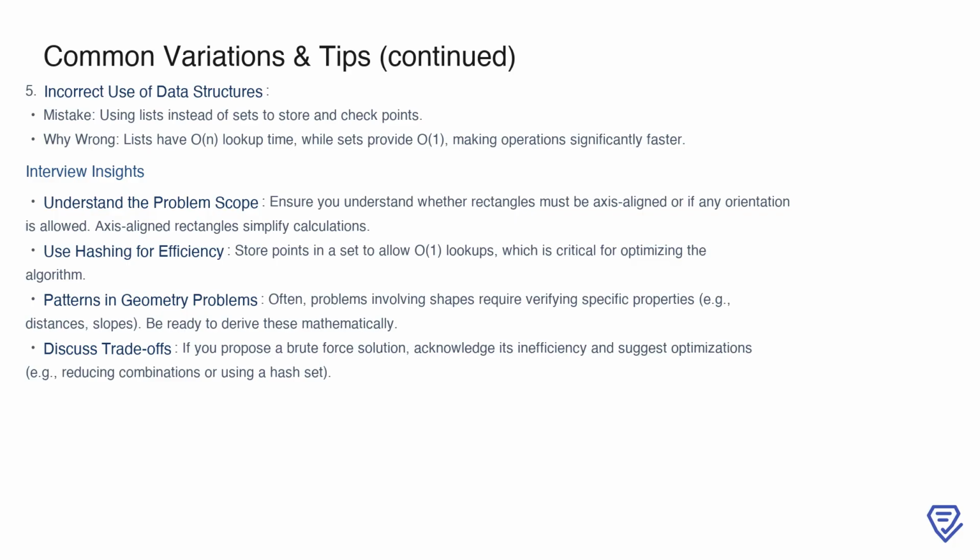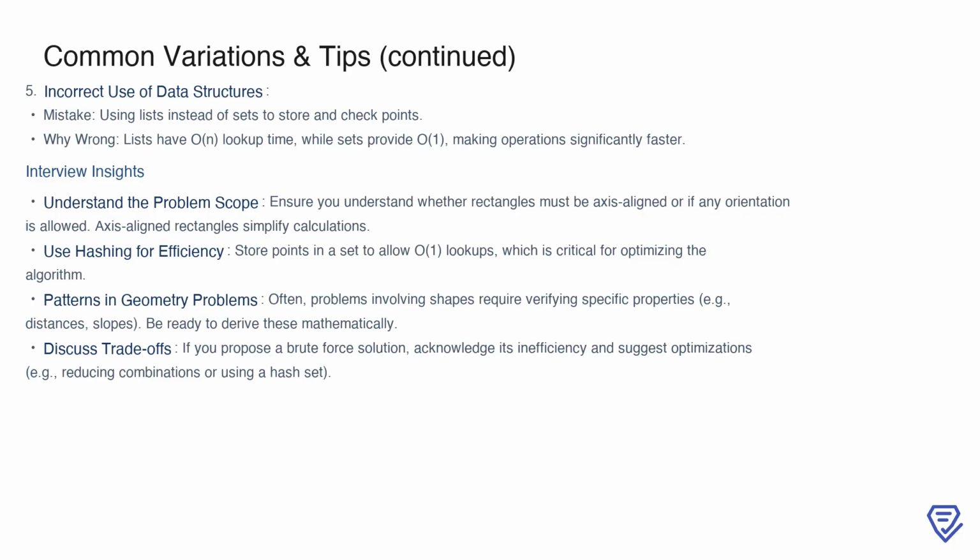Shifting gears to interview strategies, it's essential to understand the scope of the problem. Determine whether rectangles must be axis-aligned, which simplifies the calculations, or if any orientation is allowed. Hashing also plays a key role in efficiency. By storing points in a set, you can achieve constant time lookups, making your algorithm much faster.